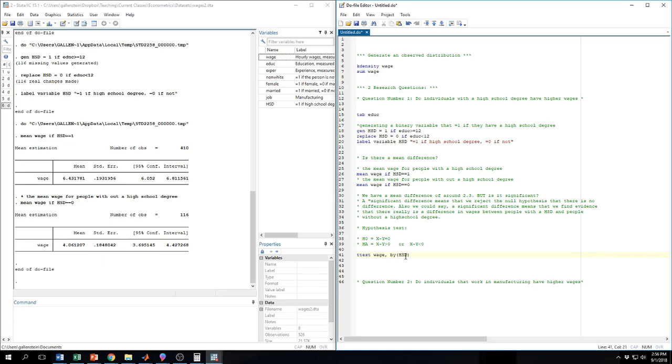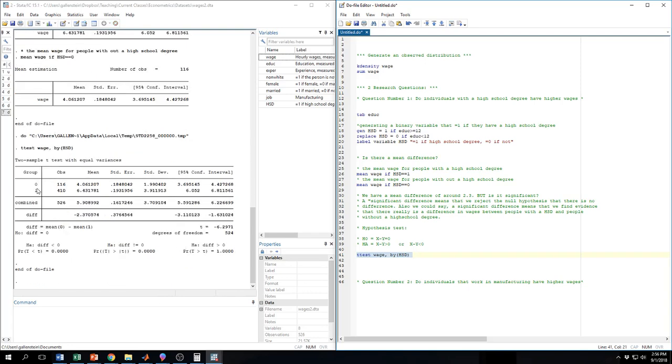What this very nice line of code does is it will generate the average wage for people with a high school degree, the average wage for people without the high school degree, the difference, and then it will show you whether or not that difference is statistically significant. It reports the p-value. So let's run it.